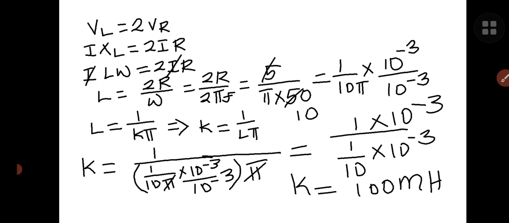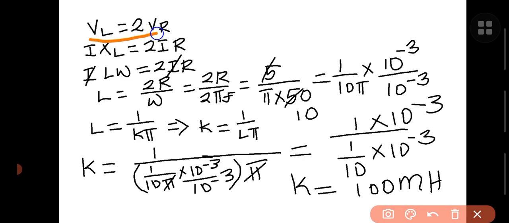According to the problem statement, we can write VL is equal to 2VR. The voltage across the inductor is twice that of the voltage across the resistor.